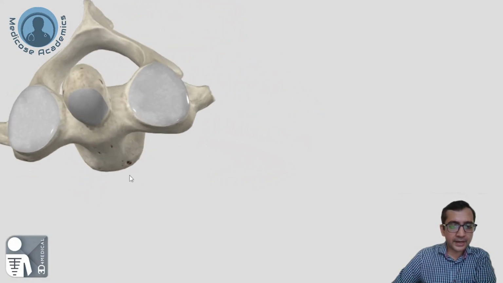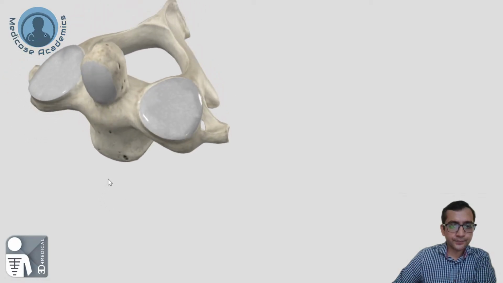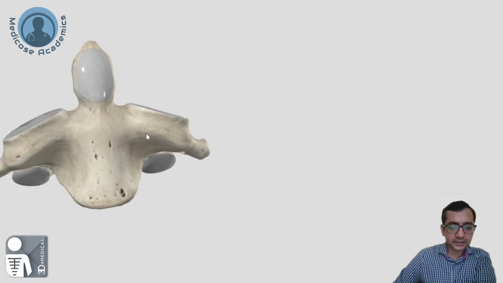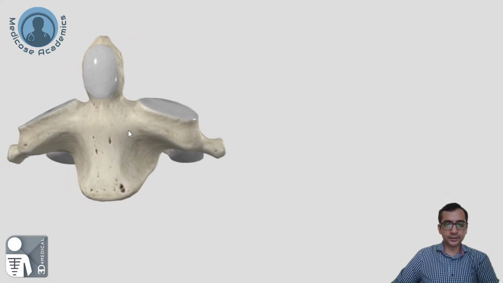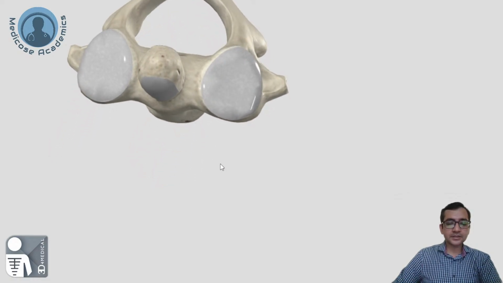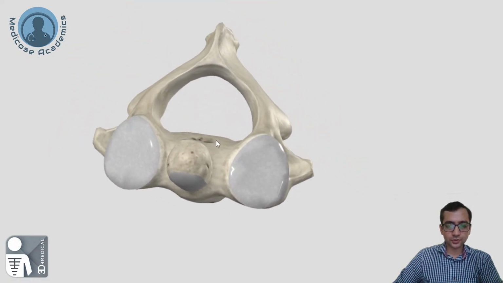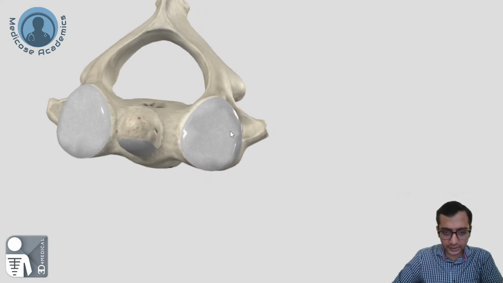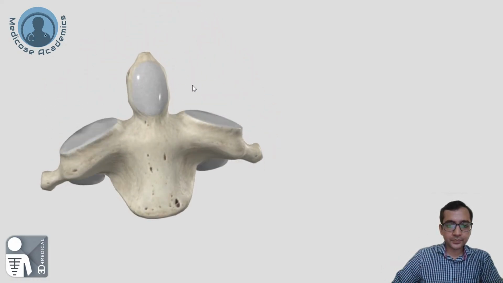The pedicle is almost hidden, and on the transverse process there is the articular facet. The superior articular facet corresponds to the inferior articular facets of the atlas. It is on the top of the body, and it is again relatively flat and circular in shape.